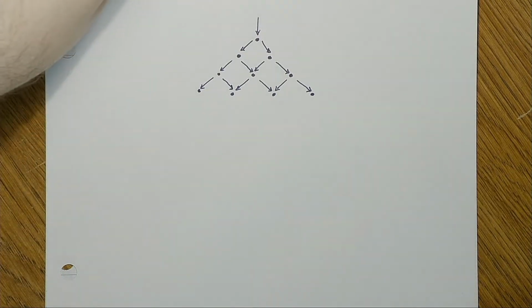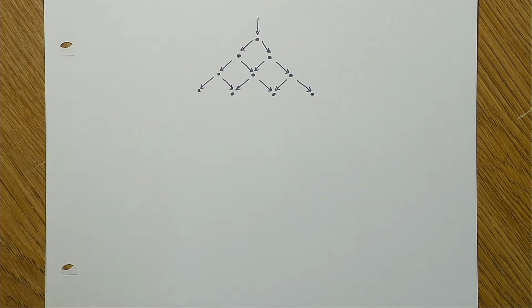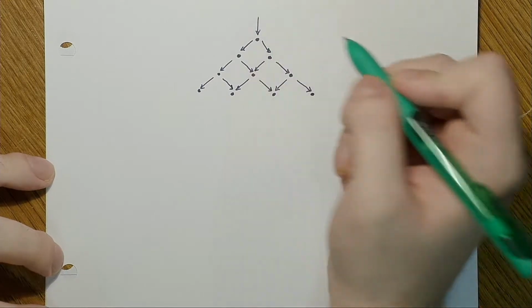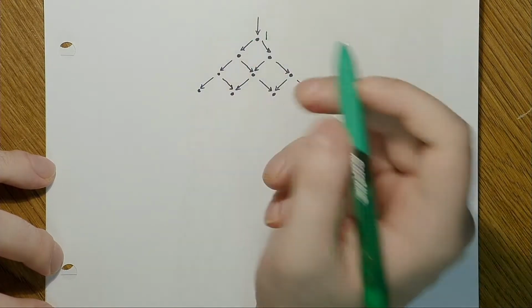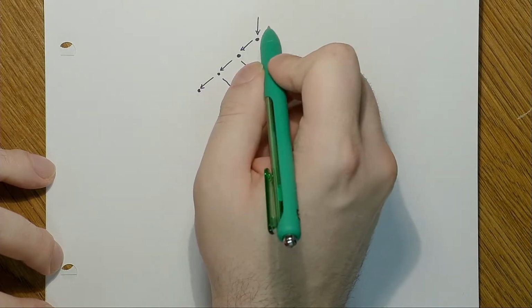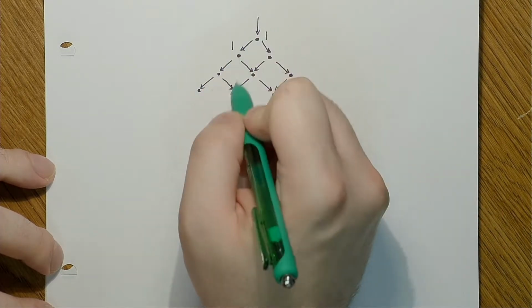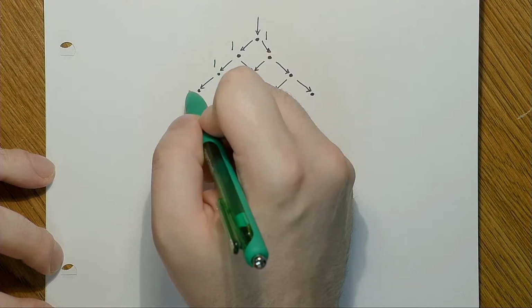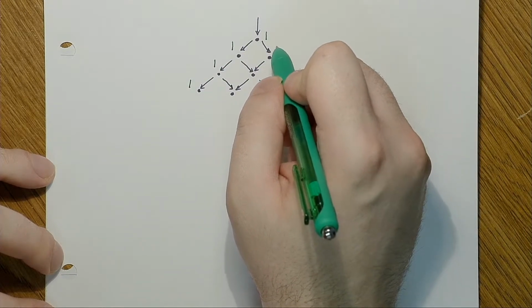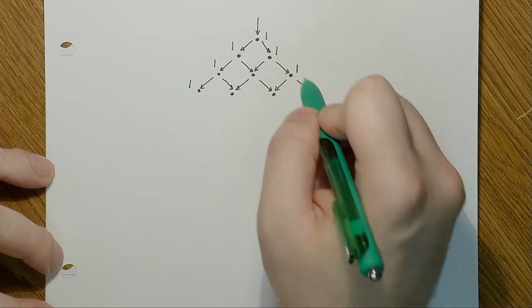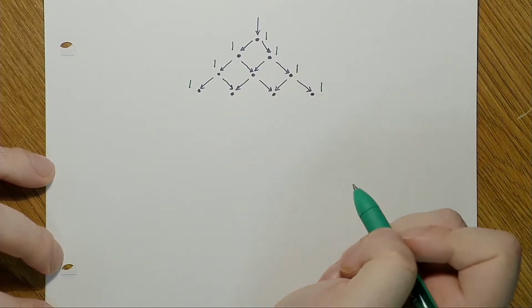And so what's interesting about this is, okay, how many ways are there to do this? Well, there's only one to get to this point right here. There's still only 1 to get here, as well as to get to this point, as well as to get to this point. Over here, again, 1 way to get there, 1 way to get there, and 1 way to get here.